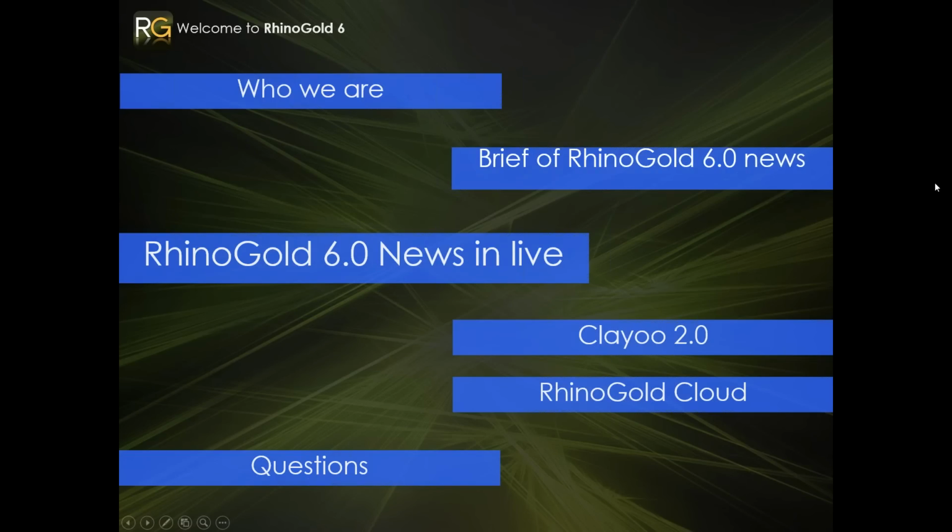All right, everyone being presented, let's move forward. This is what we are going to show today. The idea is to be here for 45 minutes, starting with a very boring but short PowerPoint explaining who we are, what we are, and what the news in RhinoGold 6 are, so it's organized and you can really see what's new.